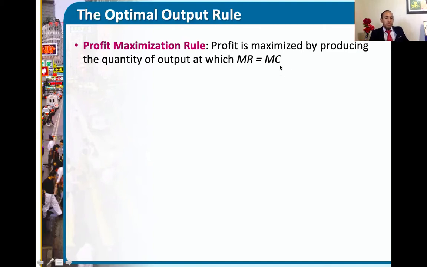So this profit maximizing rule specifies that revenue is going to increase until the additional revenue per unit is equivalent to the cost of producing that additional unit.